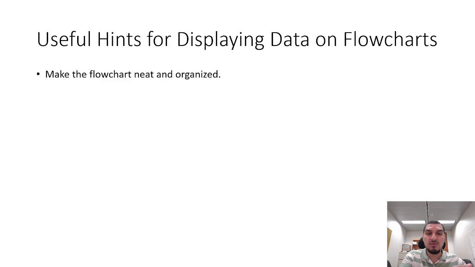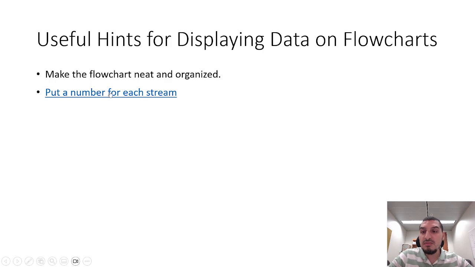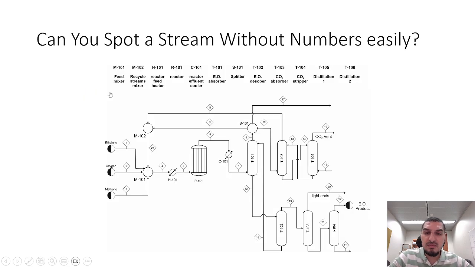You have to make sure that you will be able to connect the streams easily. You don't have a lot of streams that are intersecting. So this is something that comes with practice.